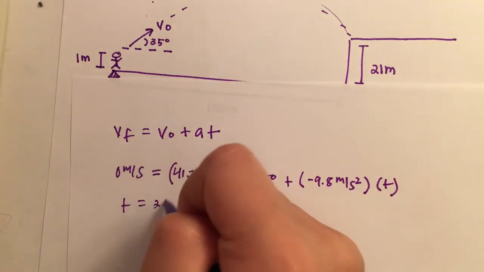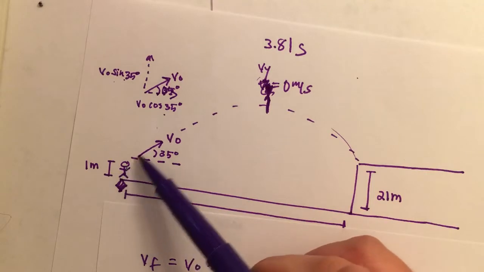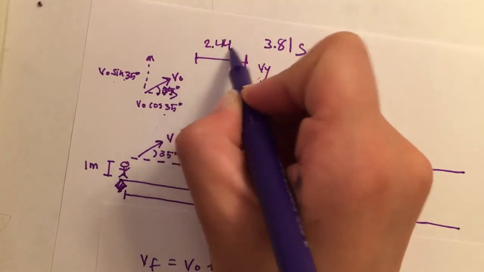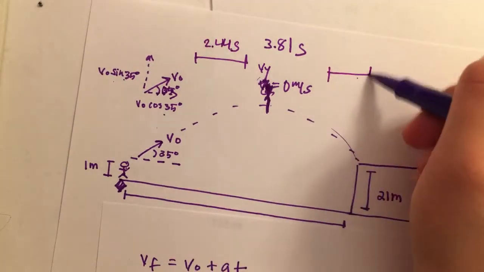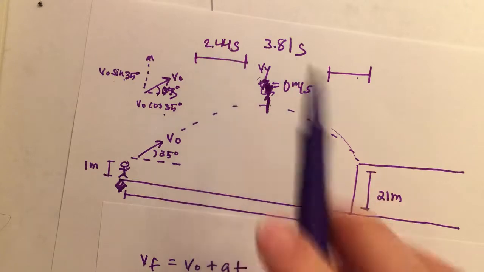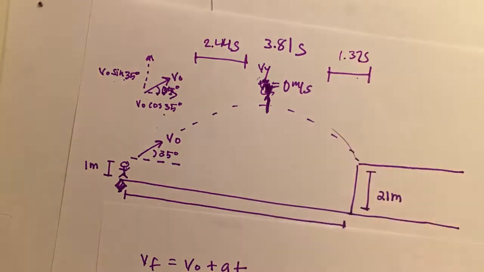Time comes out to be 2.44 seconds. So it takes the ball 2.44 seconds to travel from here to here. That means that this part over here is just 3.81 seconds minus 2.44 seconds, and that is 1.37 seconds.